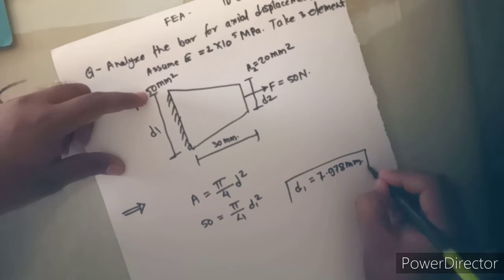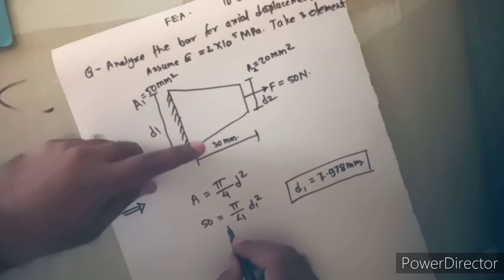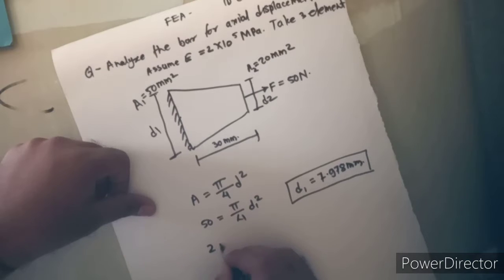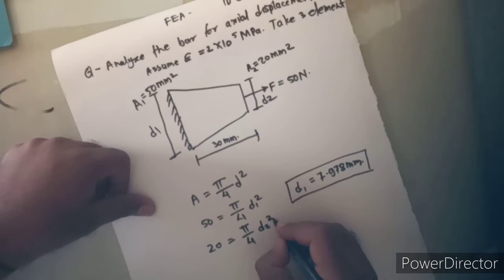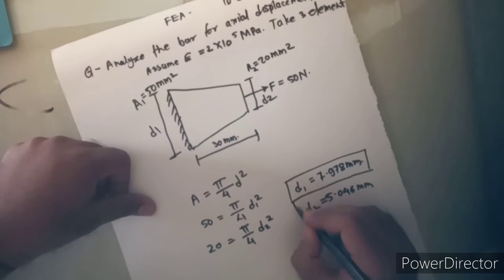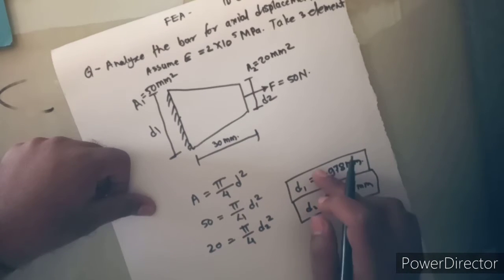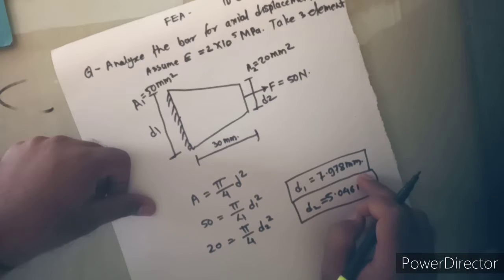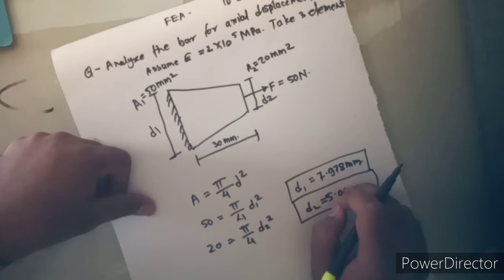Similarly for D2, 20 is equal to pi by 4 D2 square. Then D2 is equal to 5.046 mm. This is the value of D2.